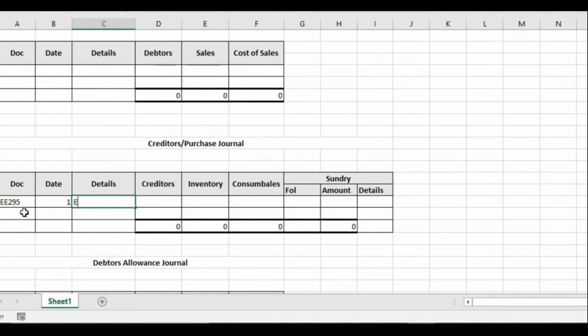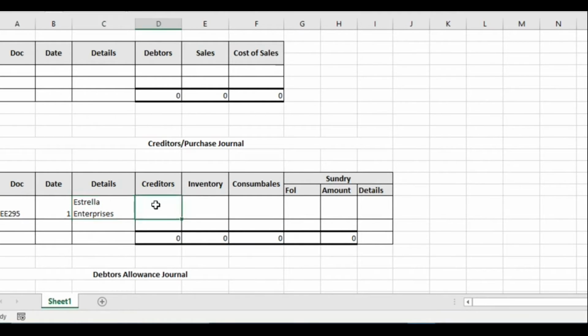It says Estrella Enterprises. We purchased these goods for 65,943. So it's inventories, 65,943, 65,943. There we go.